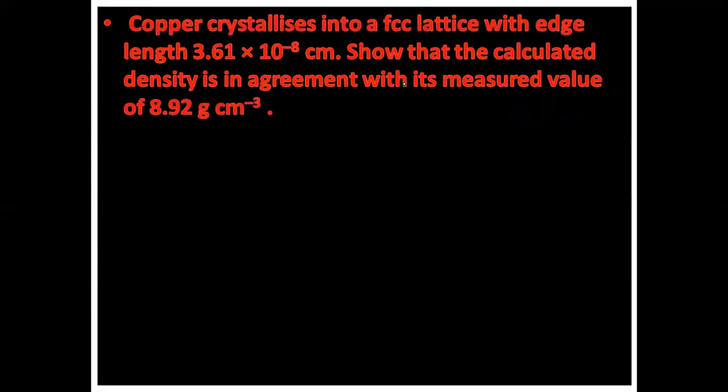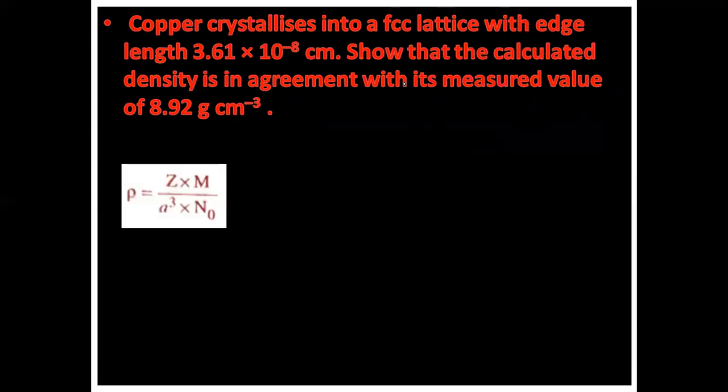Next numerical, copper crystallizes in FCC lattice, means Z is equal to 4, with edge length 3.61 into 10 raised to power minus 8 centimeter. Show that calculated density is in agreement with its value 8.92 gram per centimeter cube. We know density is equal to Z into M divided by A cube into N naught.